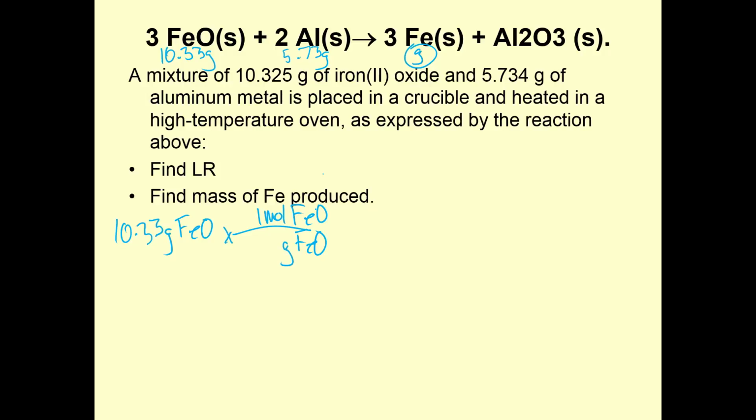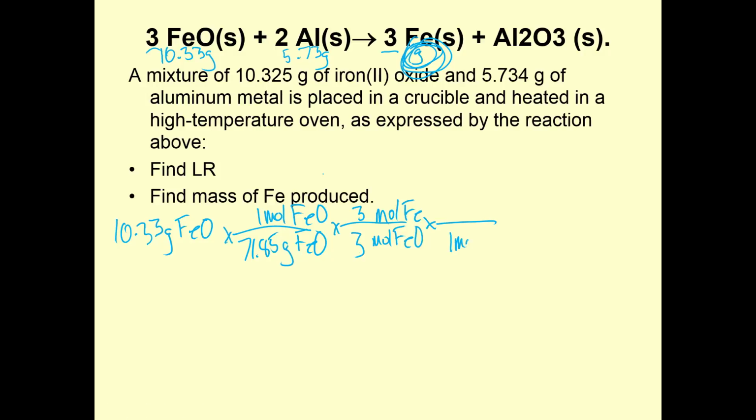Molar mass of FeO is 55.85 for iron, plus 16 for oxygen. That's 71.85. And then I'm in moles of FeO. I want grams of Fe, but I can't go right into grams of Fe. I have to first go into moles of Fe. Moles over moles use coefficients, so I'm using 3 and 3.